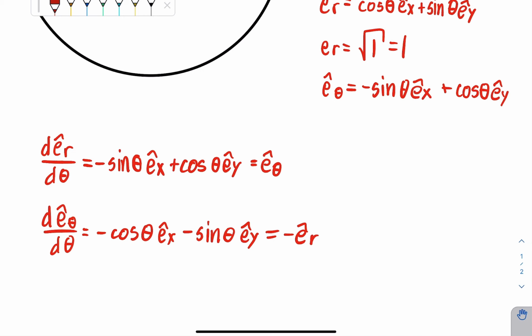But now what we want to do is start finding the relationship between these rotational equations and our translational equations. So, first of all, let's determine our position vector to start.